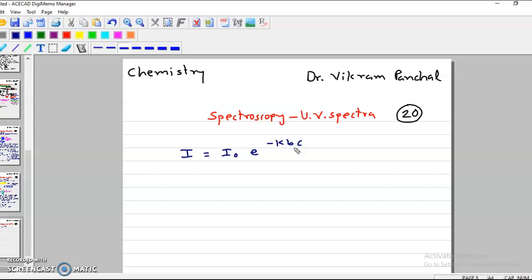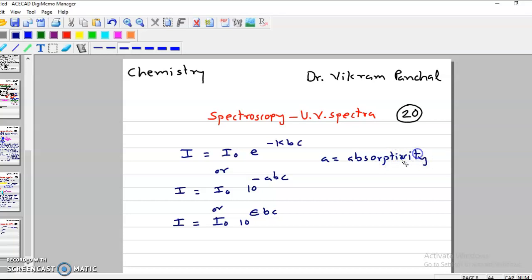Or we write I is equal to I0 10 raised to minus abc, or we can write I is equal to I0 10 to the power minus epsilon bc, where small a is absorptivity and the unit of absorptivity is deciliter per gram per centimeter, and epsilon is molar absorptivity.